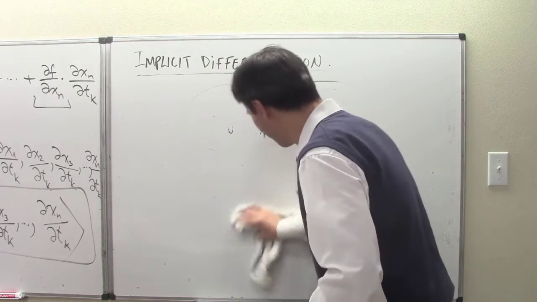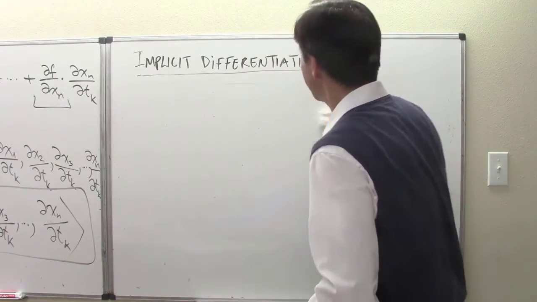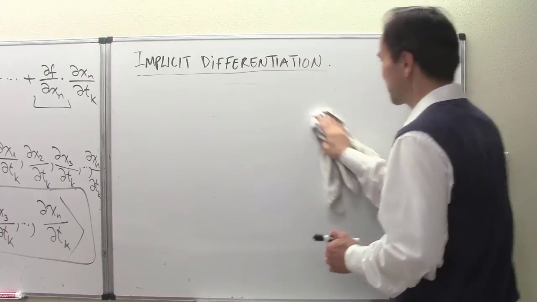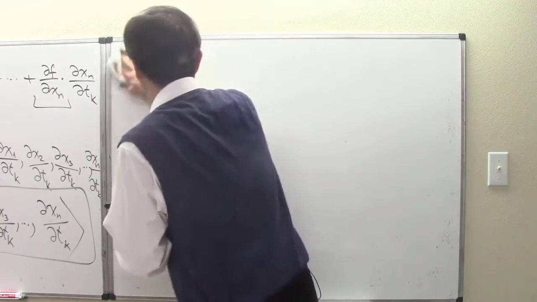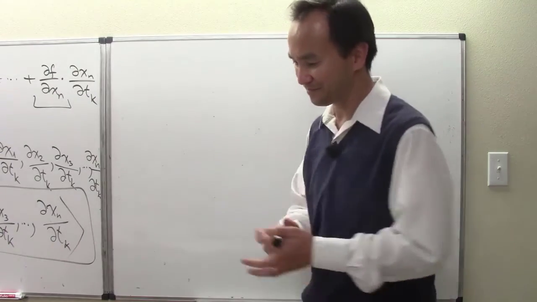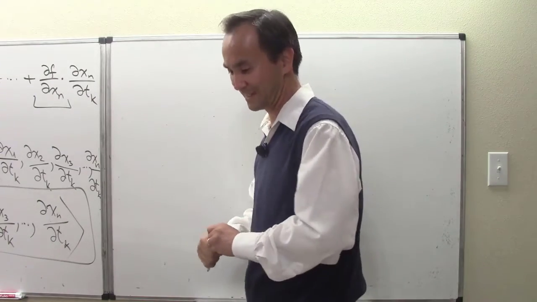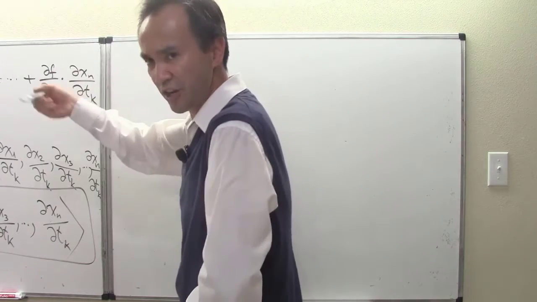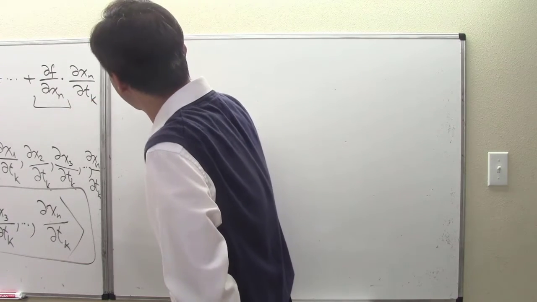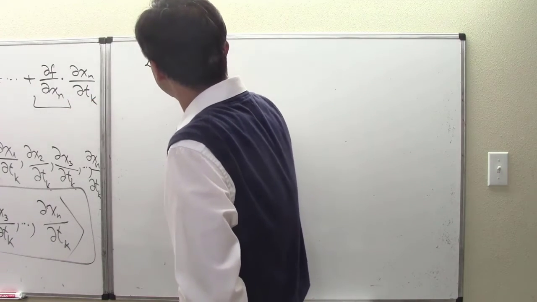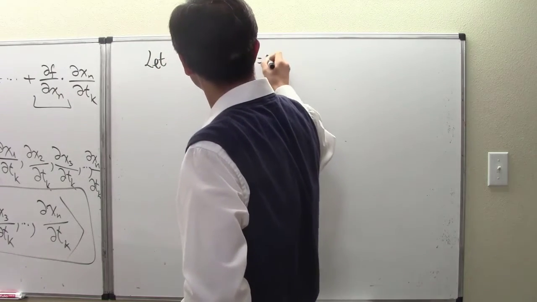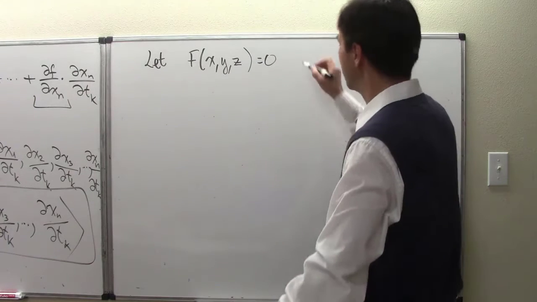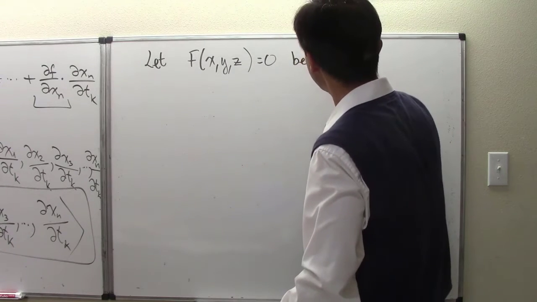So now I'm going to even erase this specific demonstration example right here. And I've left this title long enough. So now I'm going to start a general algorithm for implicit differentiation. Let capital F of x, y, and z equal 0 be an equation.